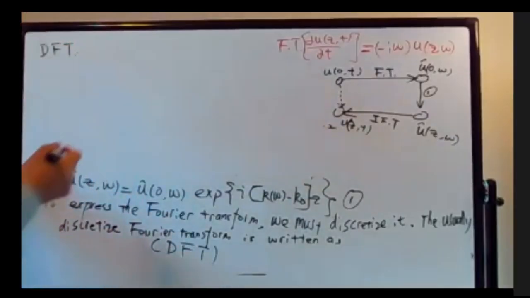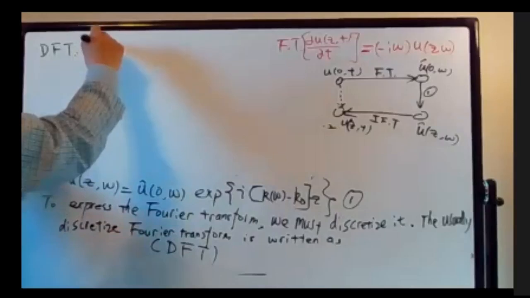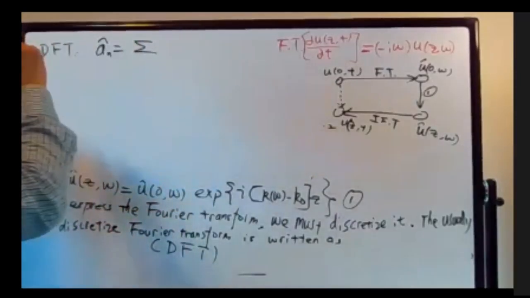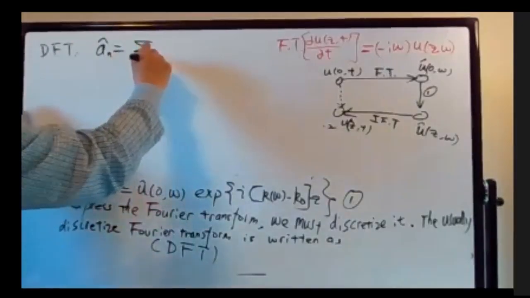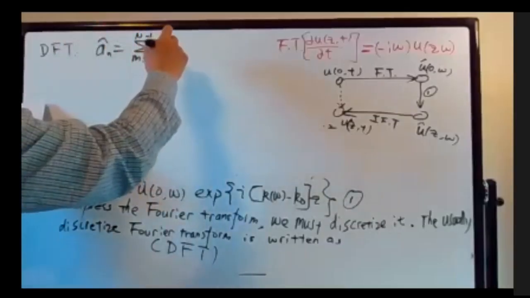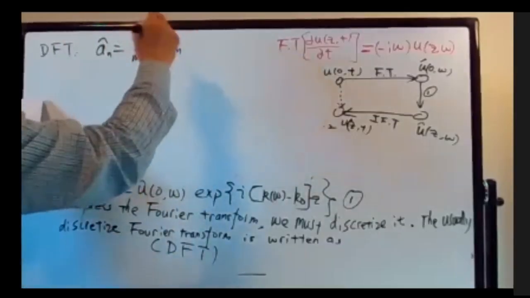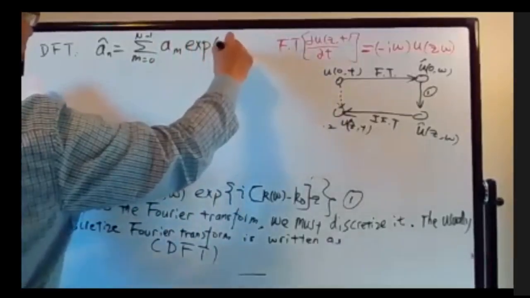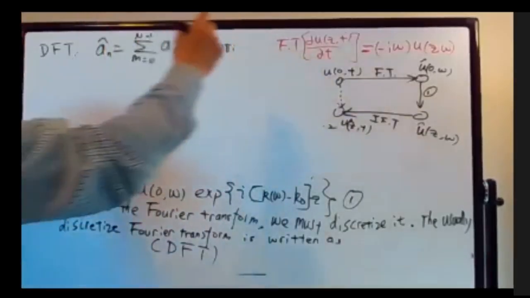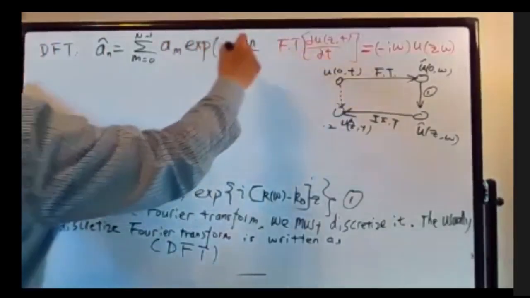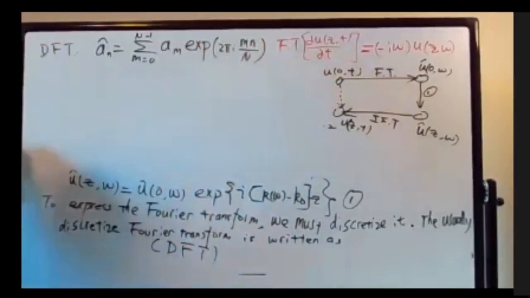So the DFT is A_n hat as the sum over m from 0 to capital N minus 1 of A_m exponential 2 pi i m n over capital N.